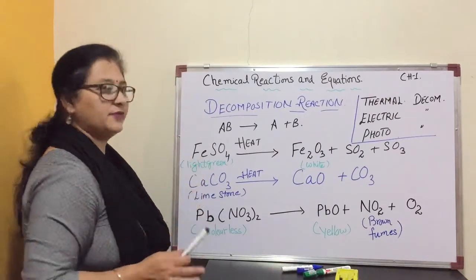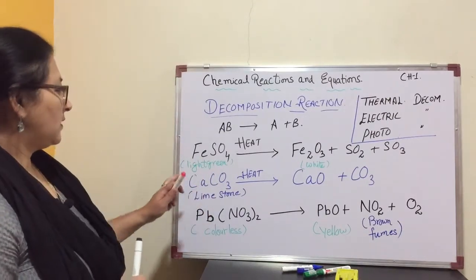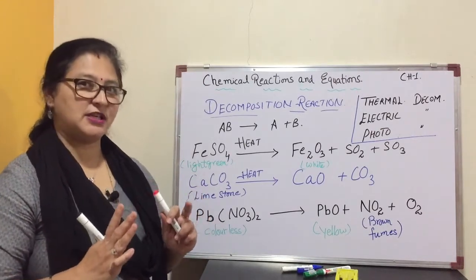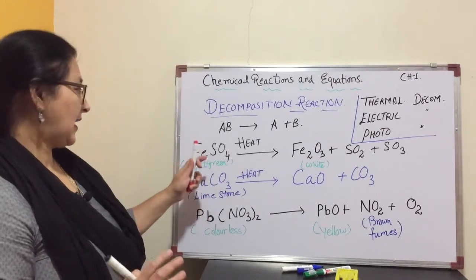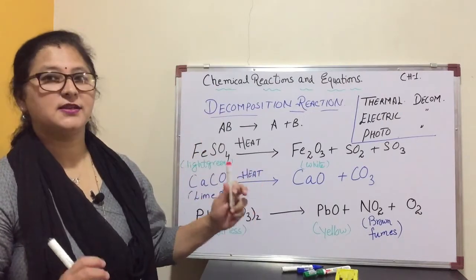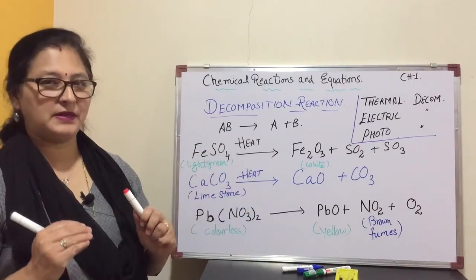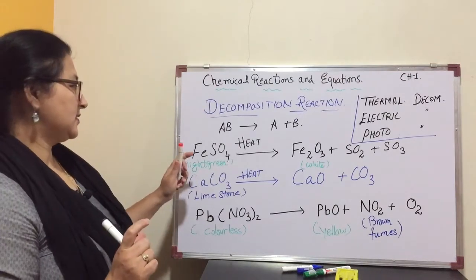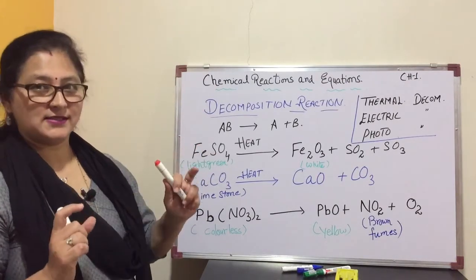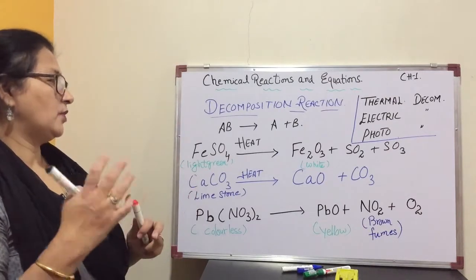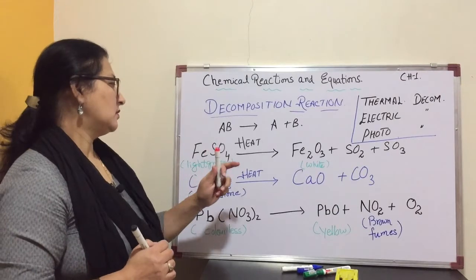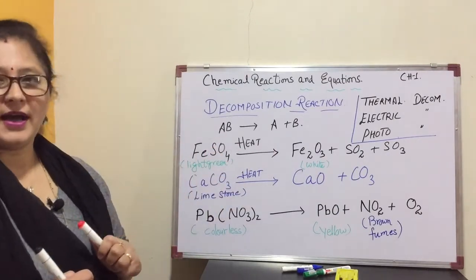Now here comes the first reaction. This is an activity in your book where they have taken hydrated iron sulfate. What do you mean by anhydrous? It means it has no water in it. So when the iron sulfate is heated, the water will evaporate and what is left is iron sulfate.